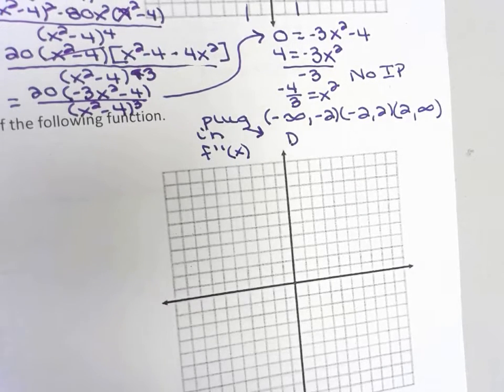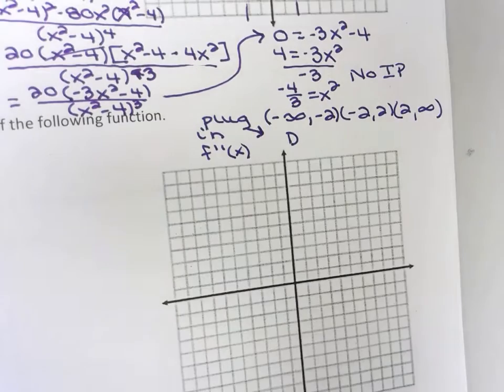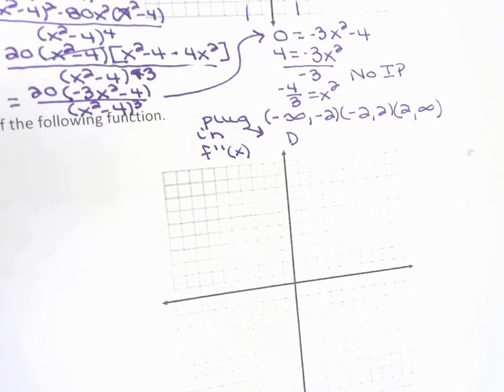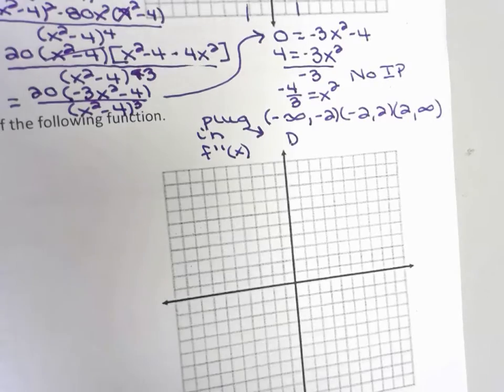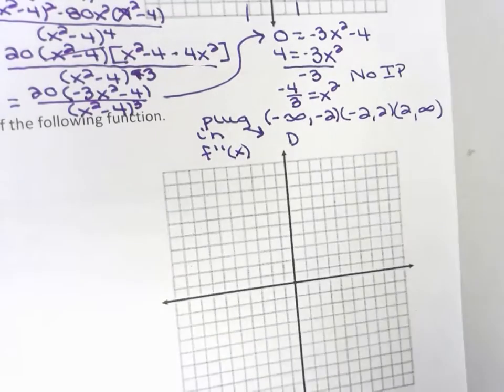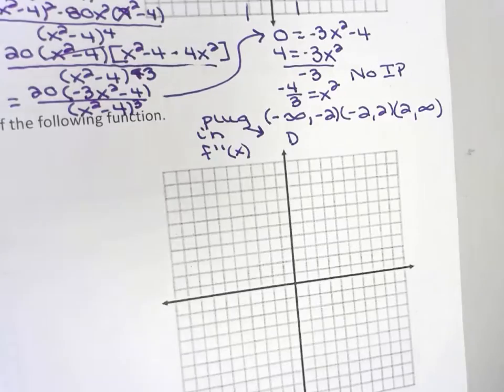Because I have those asymptotes, I can technically switch concavity without having an inflection point, because I can switch after the asymptotes. Does that make sense? If I didn't have any inflection points and I didn't have any asymptotes, then I know it would stay the same the whole time. But since I have those asymptotes, it can still technically switch between the asymptotes without having an inflection point. Sorry, I misspoke on that one.